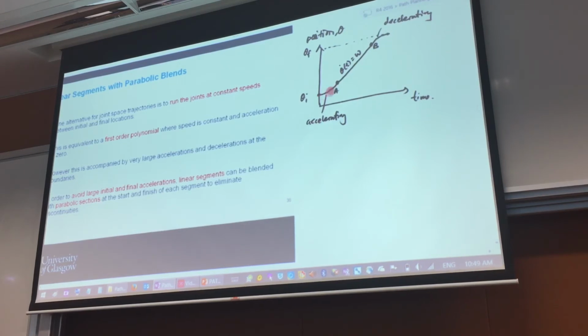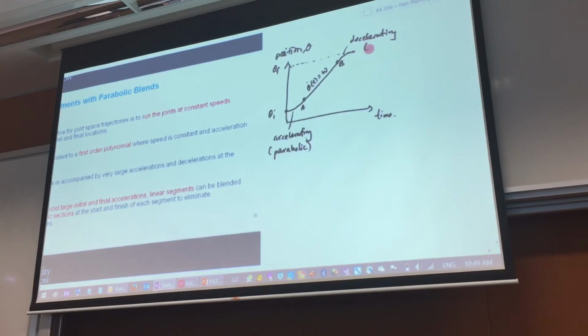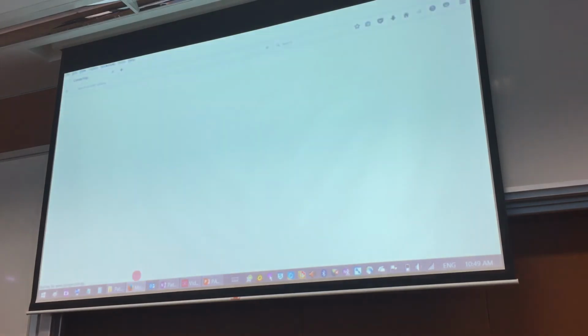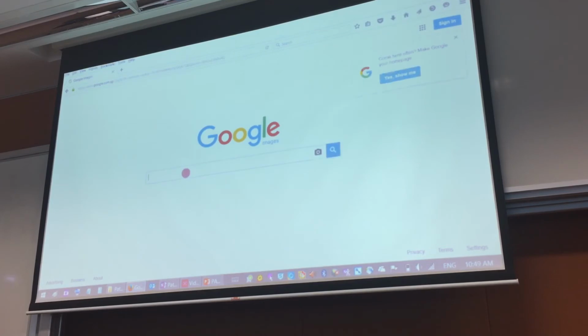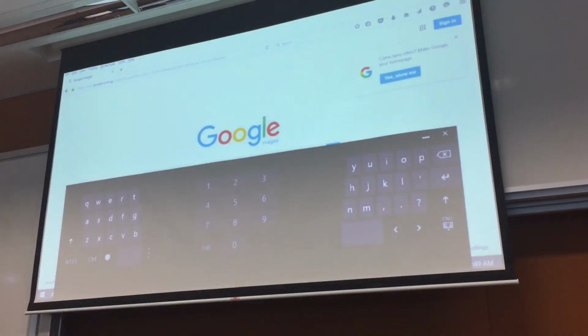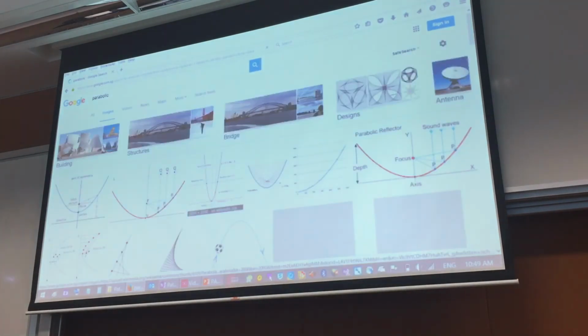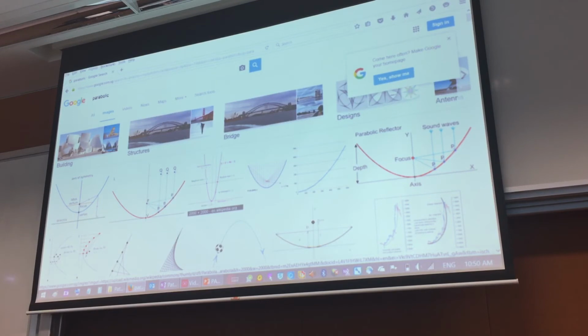And actually, this kind of curve is a parabolic curve. This is parabolic shape. If you have not heard about parabolic before, no problem. I'll do a Google image search for you. Parabolic. Right.